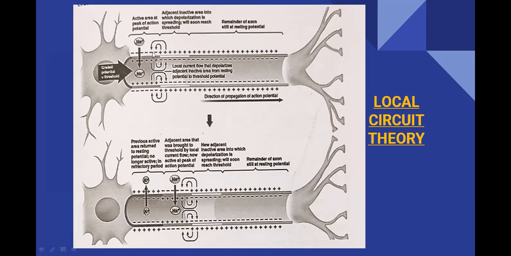Due to these attraction forces, the positive ions present on the outside of this neuron, the neighboring areas are having positive charges outside, and the neighboring area inside is having negative charges.